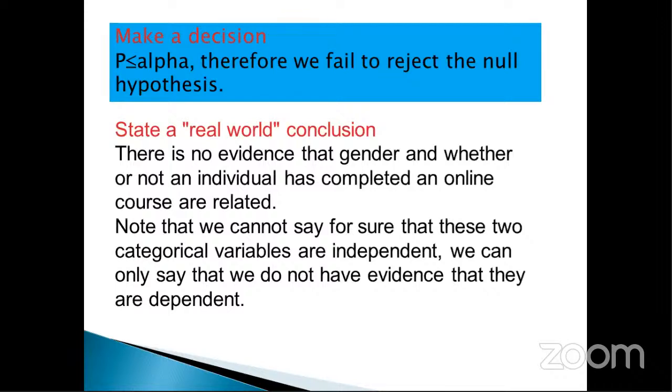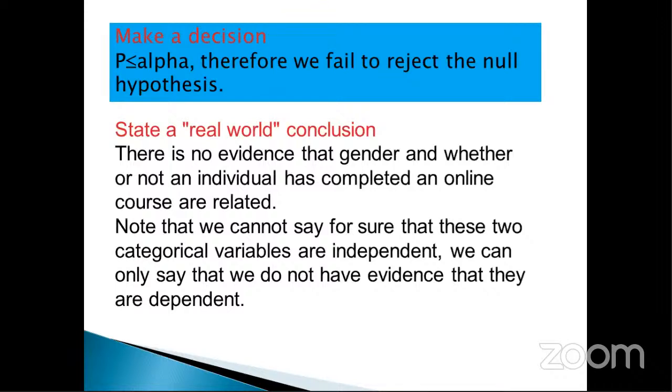So since the probability value that you got there is 0.38, it means that whatever margin of error that you set, if for example you set 0.05, your alpha is 0.05, your probability value is greater than alpha, therefore you fail to reject the null hypothesis.